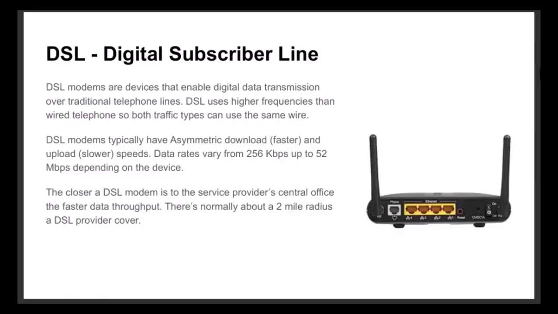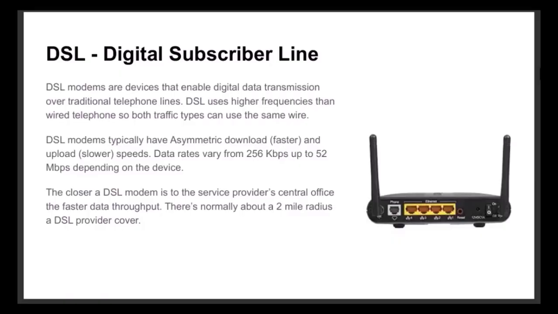A DSL connection will use a modem. The modem will have interfaces on the back of the device that will allow us to connect either a wireless access point or Ethernet cabling to provide the internet service to the devices in our home. A DSL network is very limited in its range. A DSL service provider will have a central office location.